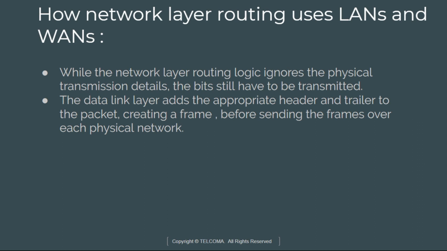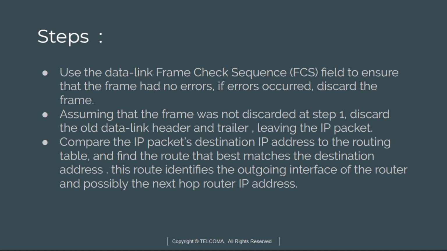The network layer logic in a host or a router must hand off the packet to the data link layer protocols, which in turn ask the physical layer to actually send the data. This routing process forwards the network layer packet from end to end through the network, while each data link frame only takes a smaller part of the trip. So each successive data link frame moves the packet to the next device.